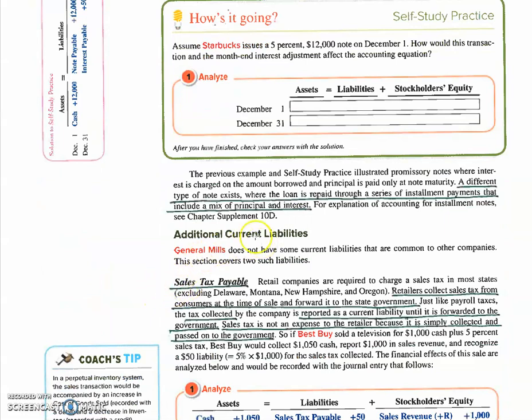Okay, additional current liabilities, sales tax payable. Now, up till now, we've kind of been ignoring sales tax, but the reality is, if you go to the store and you buy something for $100, you take it up, they ring it up, and they don't ask you to pay them $100. Instead, they ask you to pay them $100 plus sales tax.